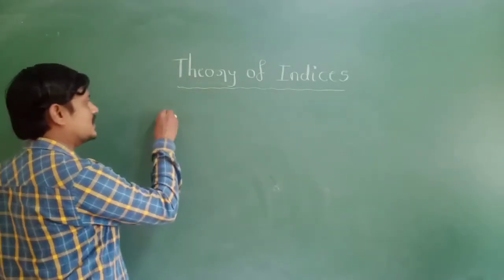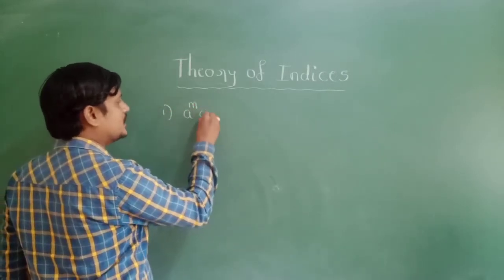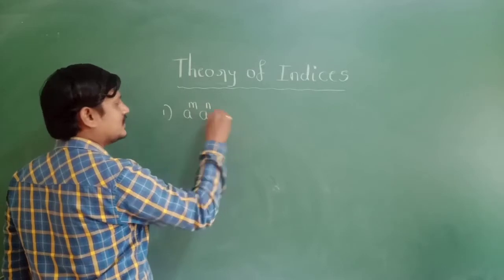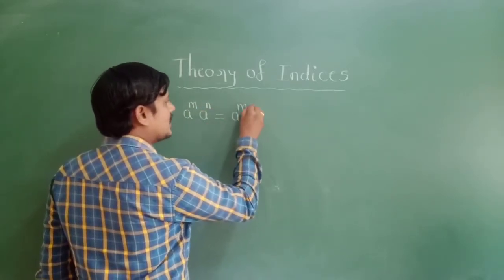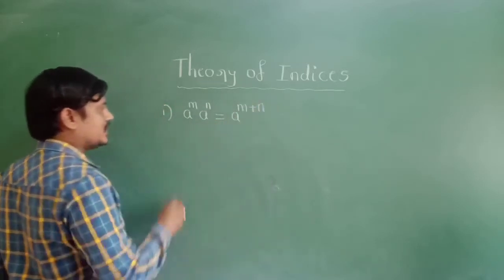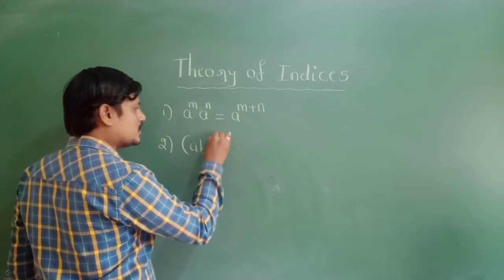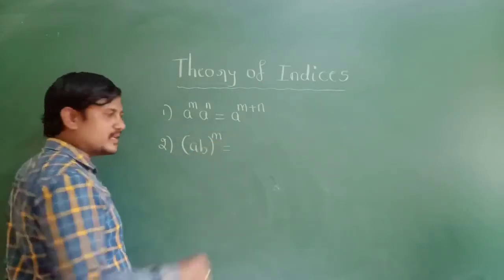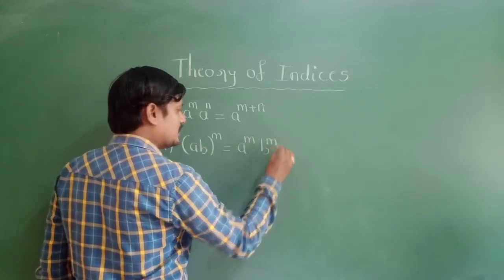First one: a raised to m into a raised to n is equal to a raised to m plus n. Second one: (ab) whole raised to m can be written as a raised to m, b raised to m.